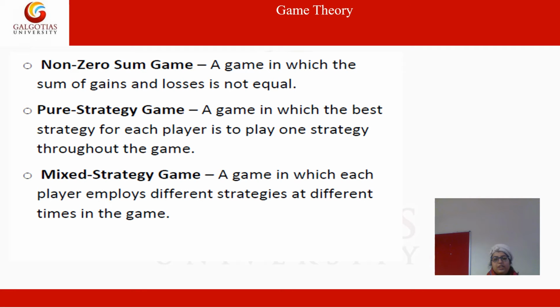In the mixed strategy game, each player employs different strategies, and these strategies are adopted at different times in the game, which means all the strategies will be adopted at different points of time. So here we have completed the classification of game theory.